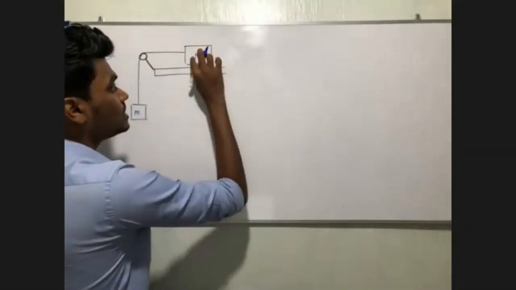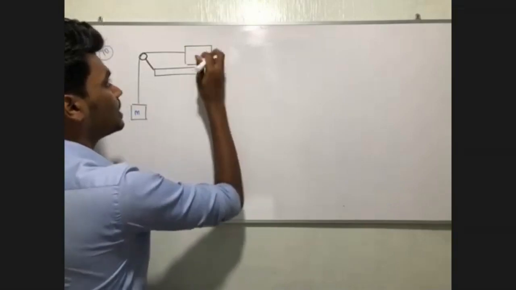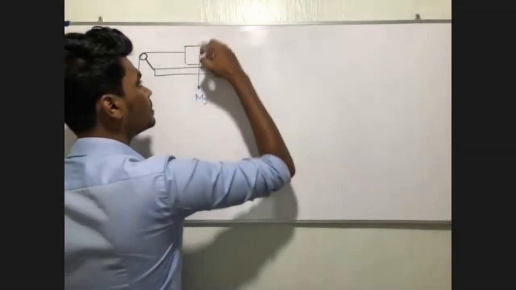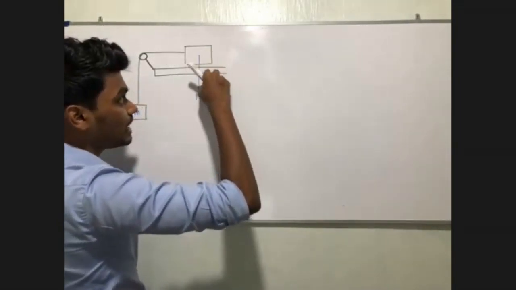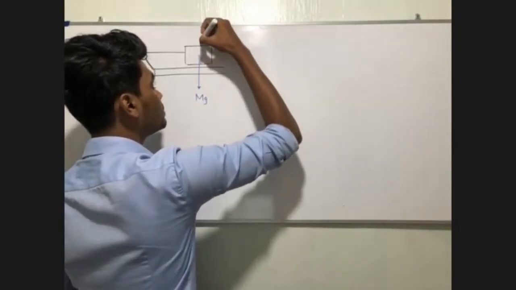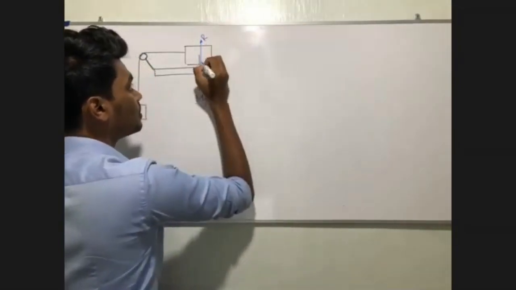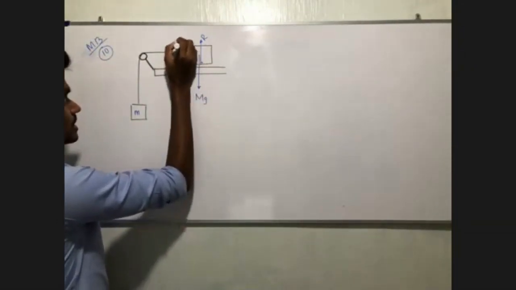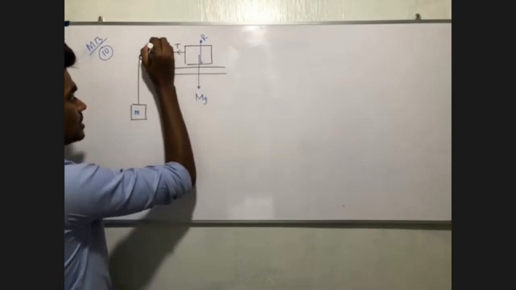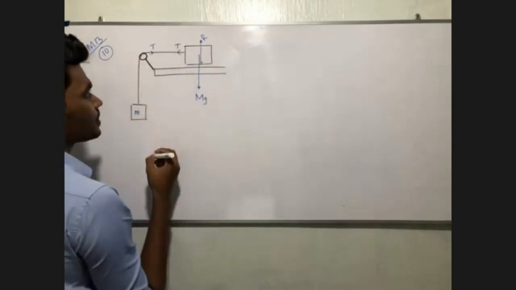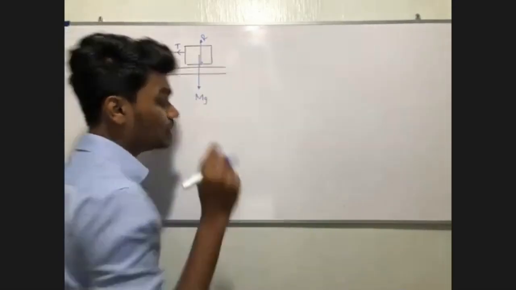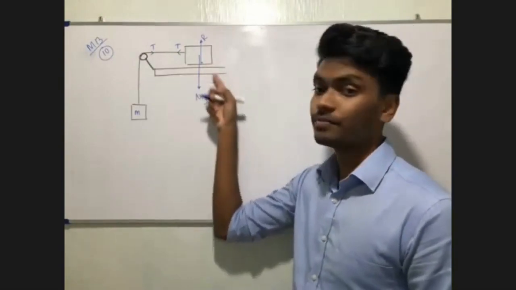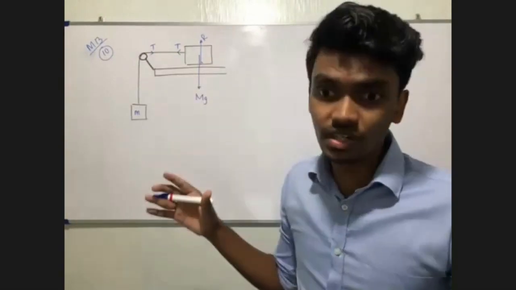Initially, there's going to be the weight of this capital M, mg. Since this object is in contact with a surface, a reaction force will be there perpendicular to it. And also a tension force T, since the string is stretched. One important thing is they have told there is no friction. Frictionless surface means no frictional forces.